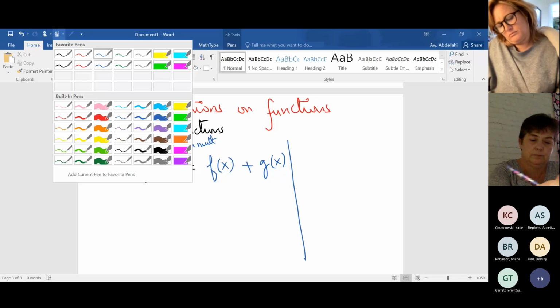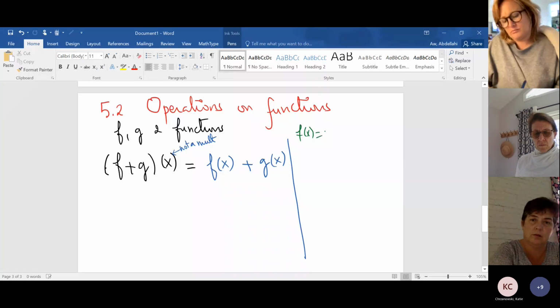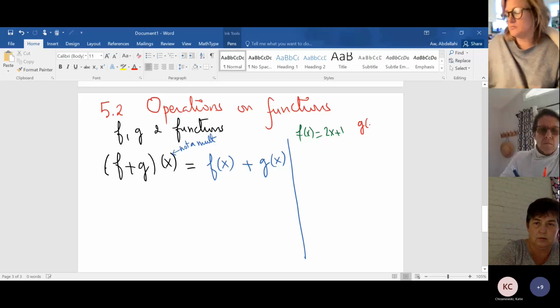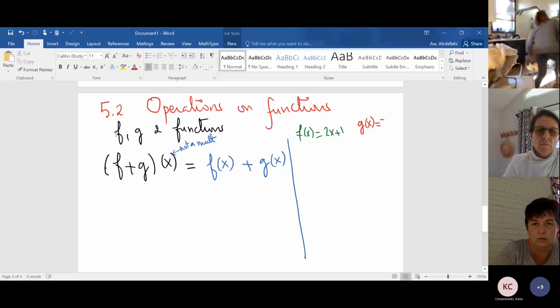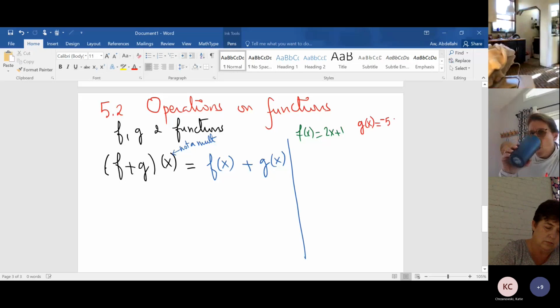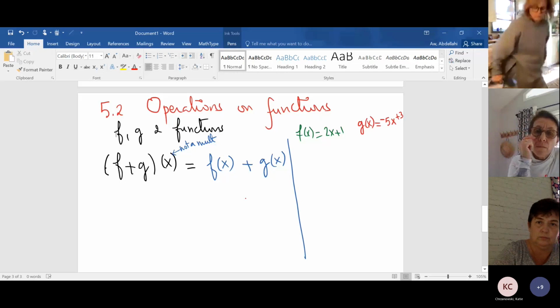Before we see all the formulas, let's give an example so as not to make it abstract. f of x equals 2x plus 1. g of x equals negative 5x plus 3. I have these two functions.